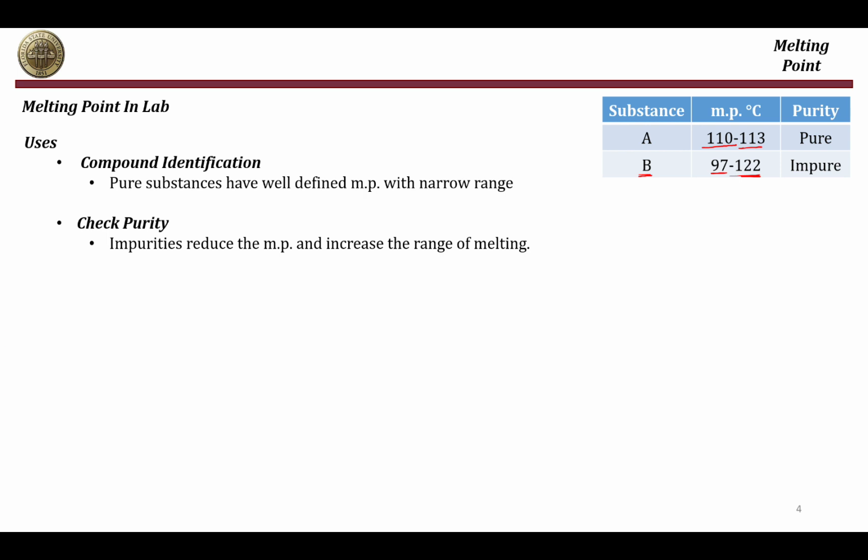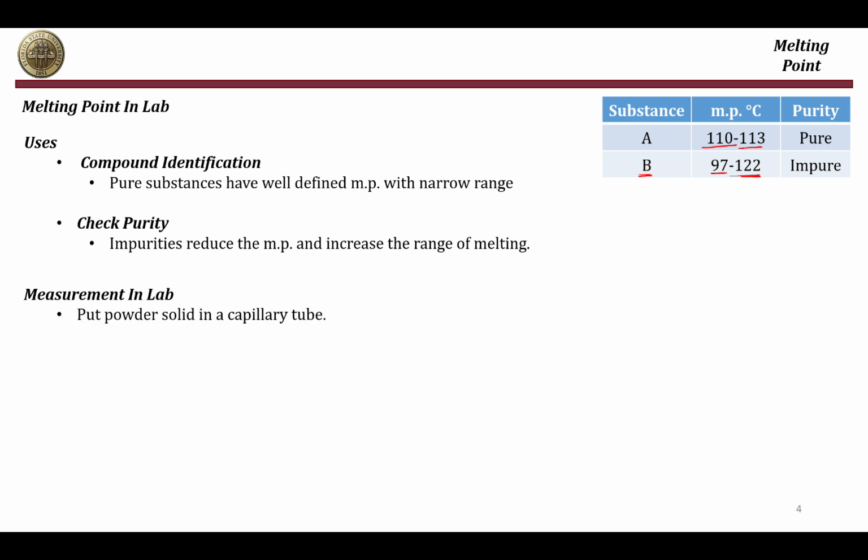However, the other ones will melt at a higher temperature because some of them are affected by the impurity, some of them are not, and also we have the impurity itself which is melting. So this causes a wide range change in the measured melting point.